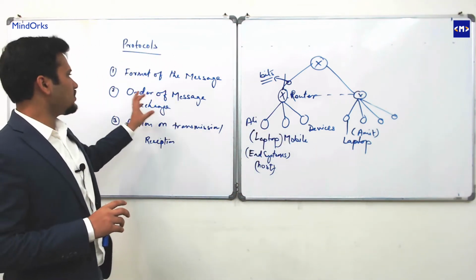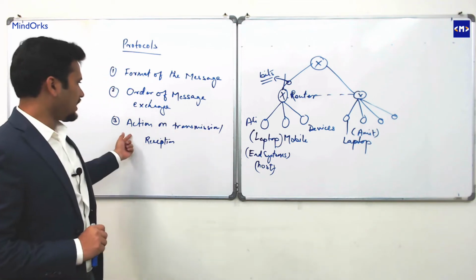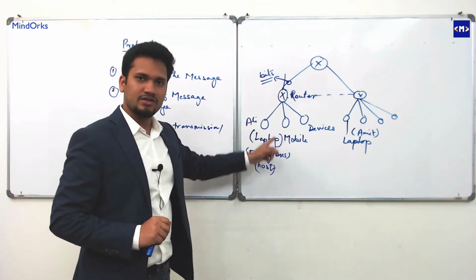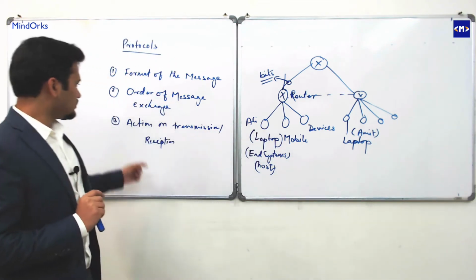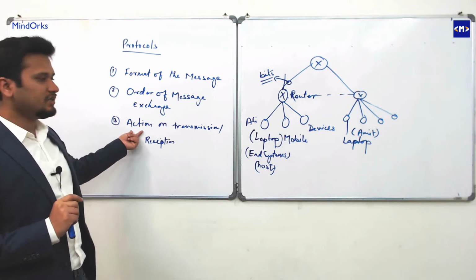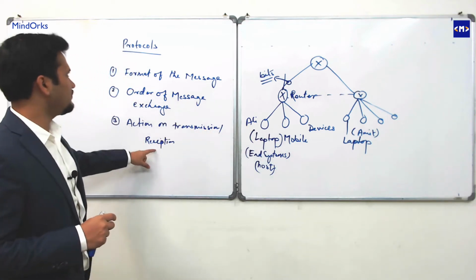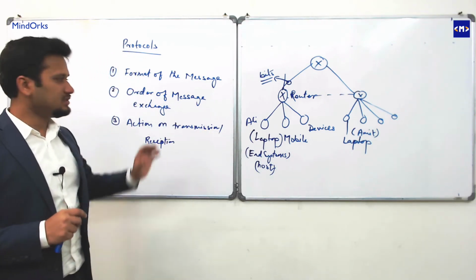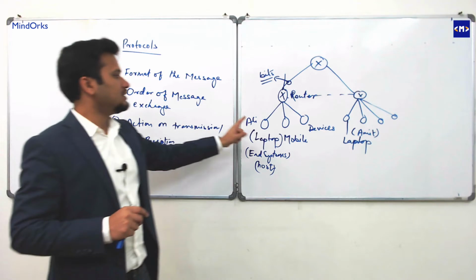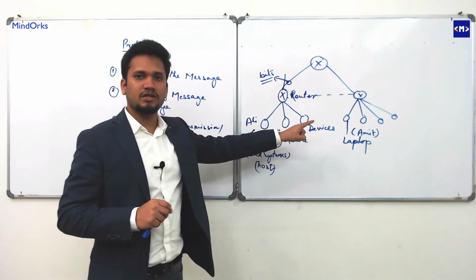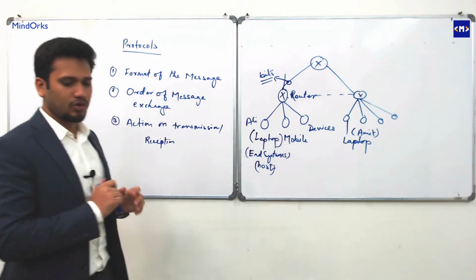So there is an order of message exchange, and when I receive a message, I will send a response. The set of actions that must be done when something happens on the internet is also defined. These definitions make communication possible on the internet, and they are called protocols.